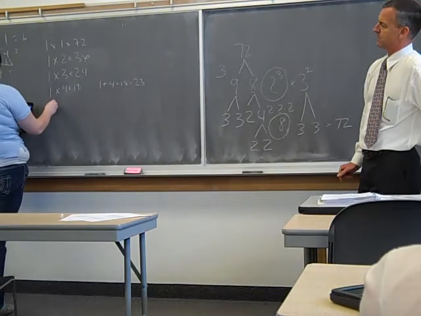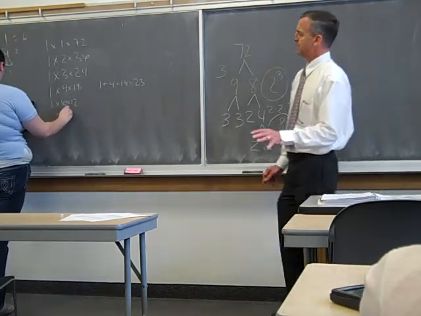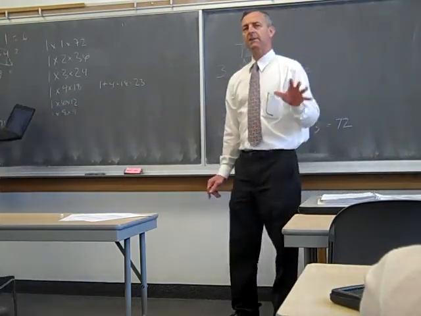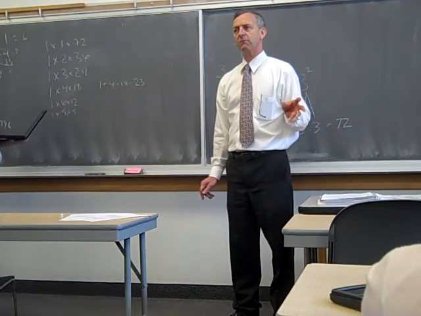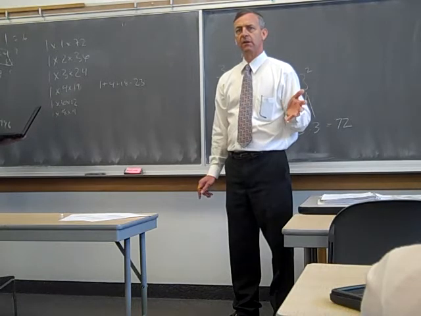And then we keep going: 1 times 6 times 12, 1 times 8 times 9. Can I stop you for just a second? Can anybody see an organization behind her approach?